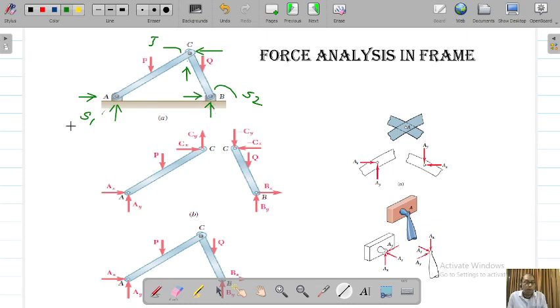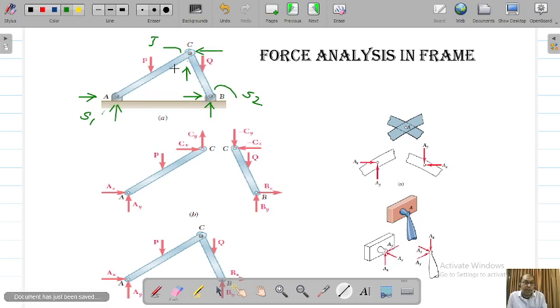Now, how many unknowns do we have here? 1, 2, 3, 4, 5 and 6. Six unknowns: 2 unknowns at this support, 2 unknowns at this support, and 2 unknowns at the joint.